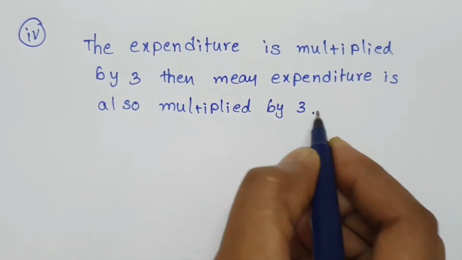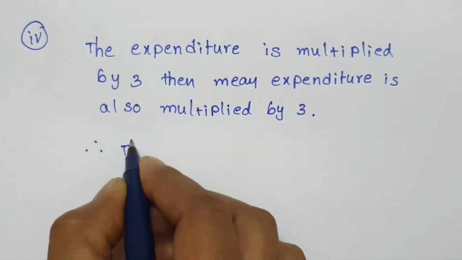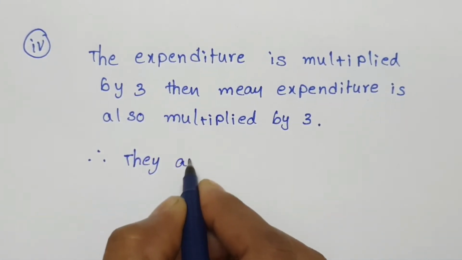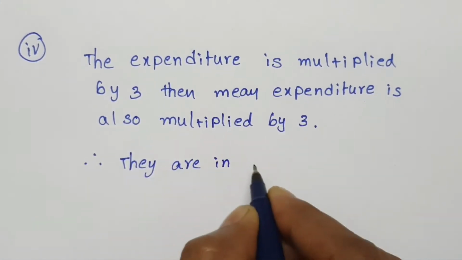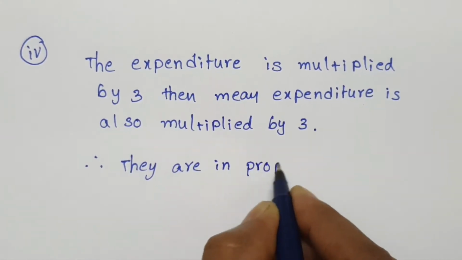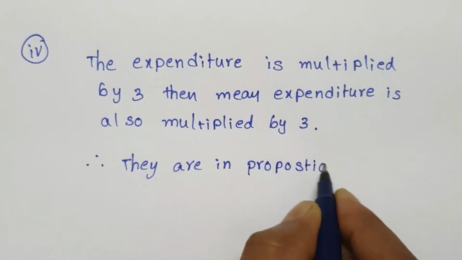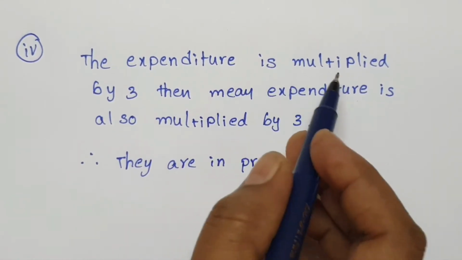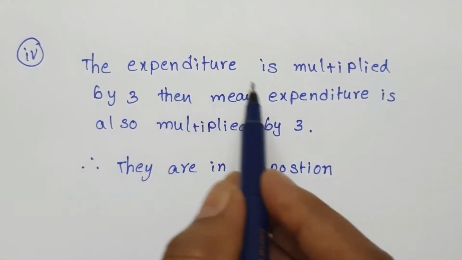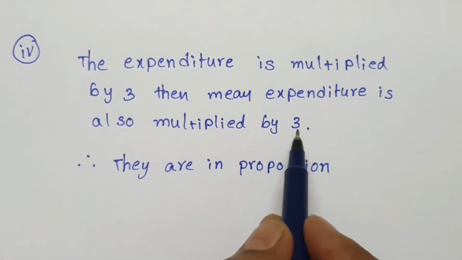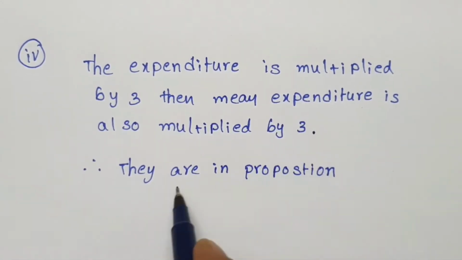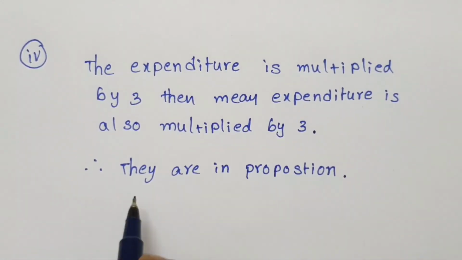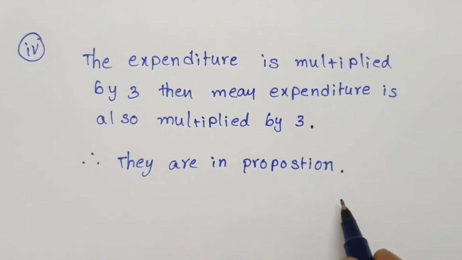So we know that if expenditure is multiplied by 3, then the mean is also multiplied by 3. So this is one of the conditions of proportion. So they are in proportion.